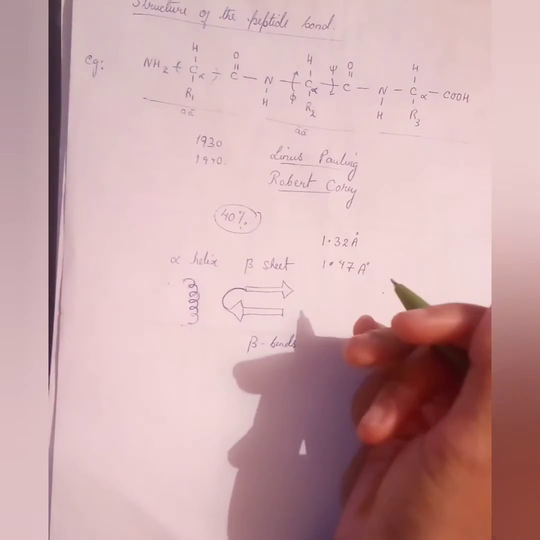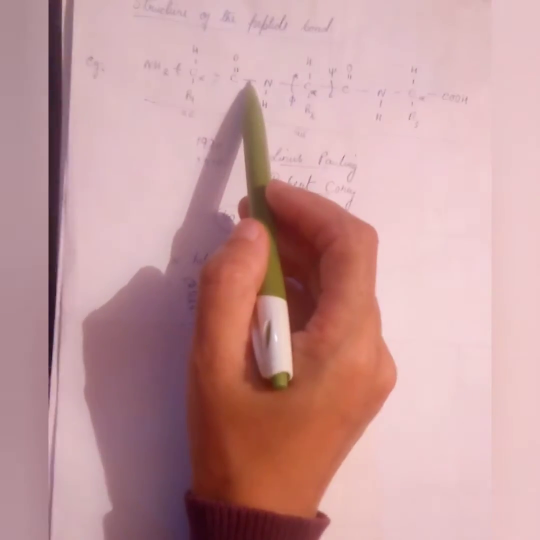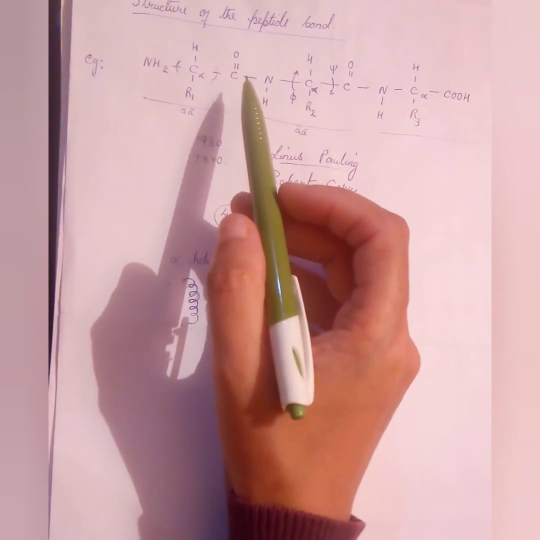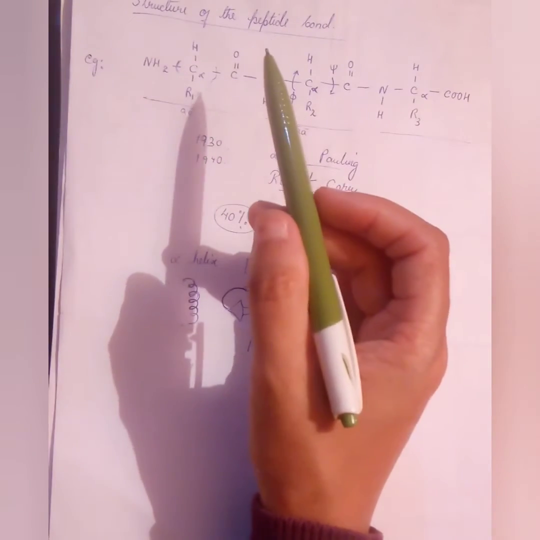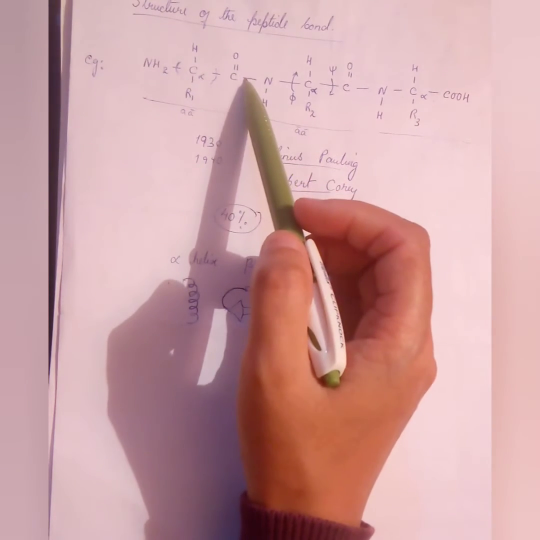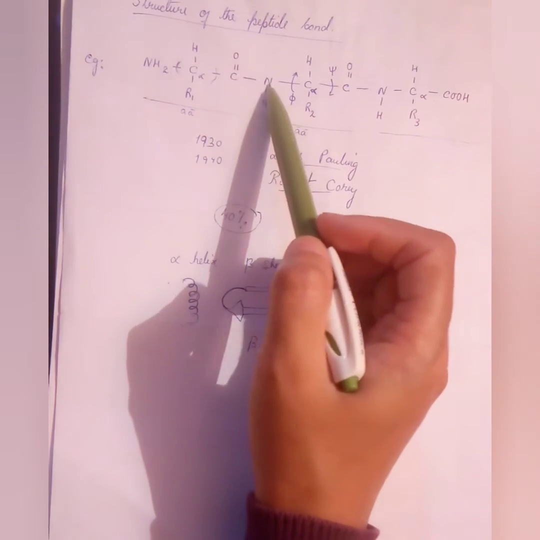In simple amines, the atoms associated with the peptide bonds are coplanar. Why? Because it indicates a resonance, a partial sharing of two pairs of electrons between the carbonyl oxygen and the amide nitrogen.